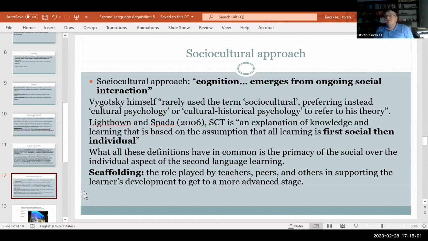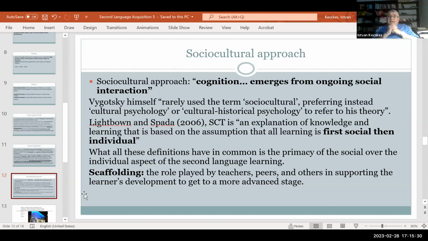And we already mentioned that there is parallel thinking between Vygotsky and Krashen, because Krashen talked about I+1 as the condition of learning, and Vygotsky talked about the zone of proximal development. Basically, a very similar thing. So you have to challenge the student a little bit above his level of knowledge.